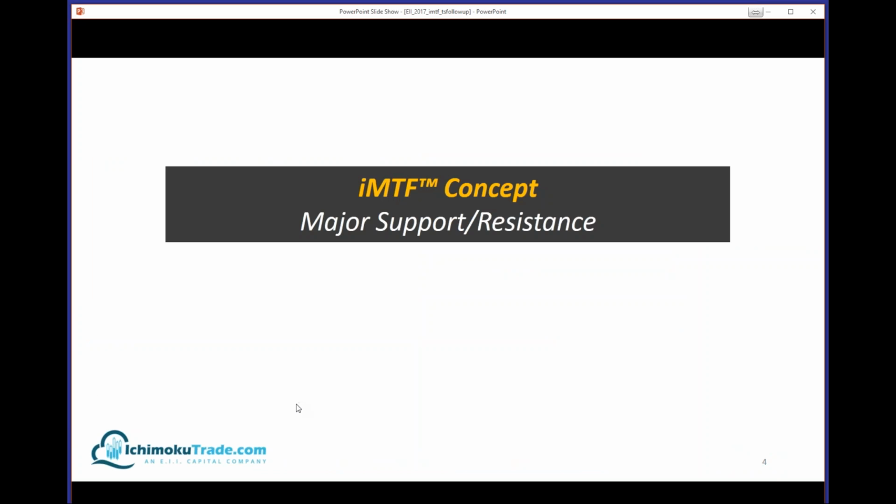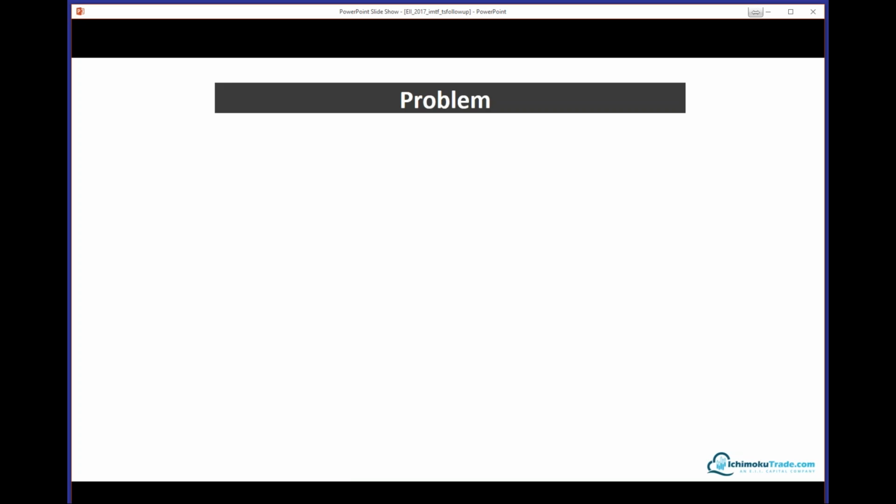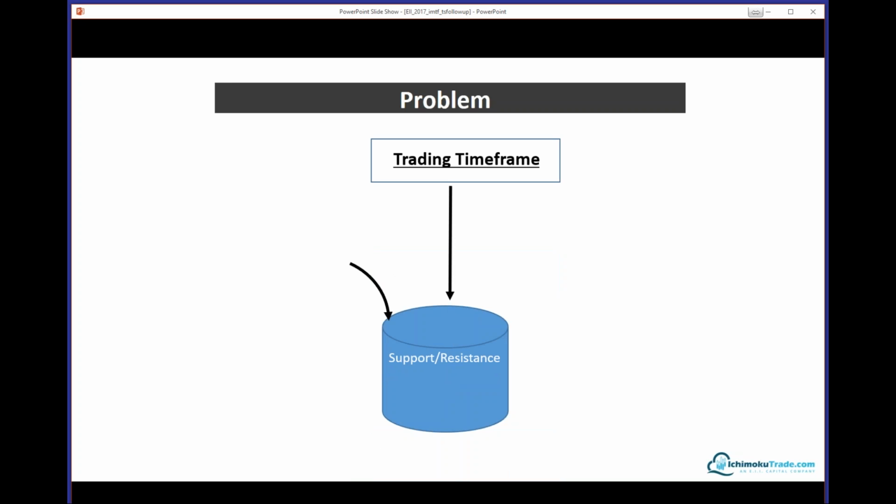So let's now go through the IMTF concept, point number 1 that we talked about, which is the key support resistances out there. Most of you have your trading time frame. Some of you trade tick level, some people trade range charts, some 5 minutes, 2, 3, 10, 30, 60, 120. It does not matter.